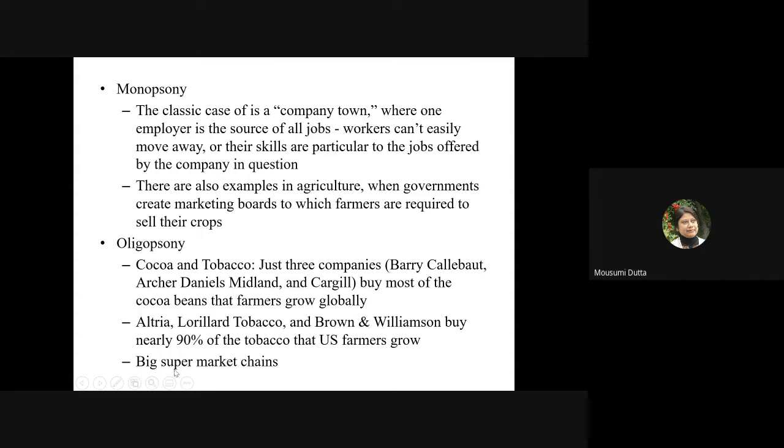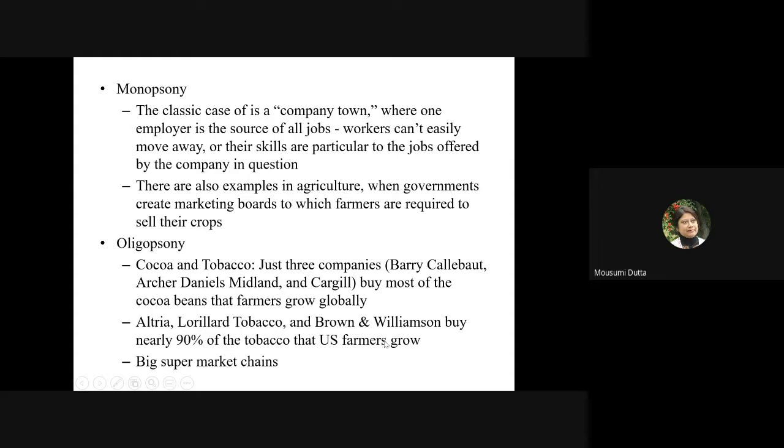Or you can think about big supermarket chains, several chains are there. Instead of government, there can be several supermarket chains, and these chains will buy almost all the products.